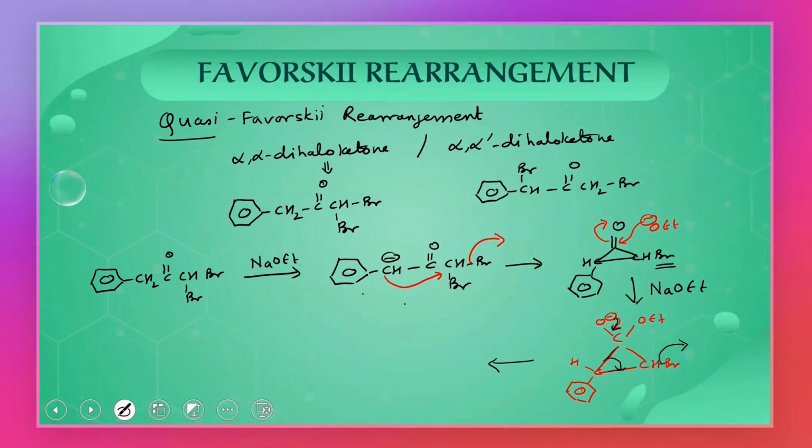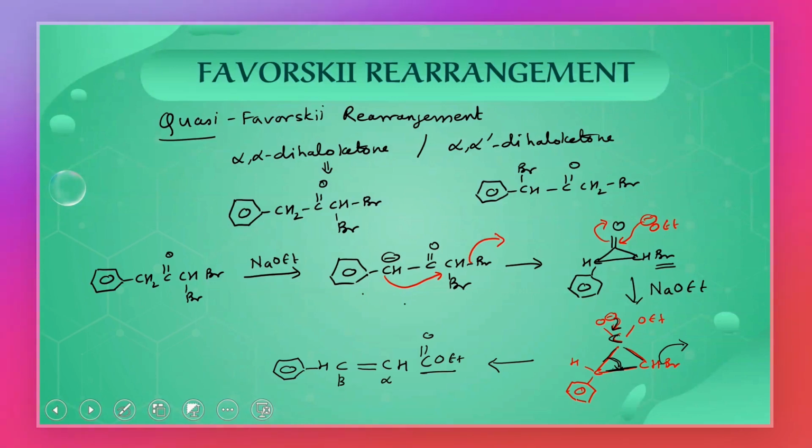So this bond is shifting here, you have a formation of a double bond, and Br has got out. Okay. So I have a C double bond O, OEt, and this carbon is attached to the carbon that contained the halogen, but the halogen has gone out. And now this has become the double bond, and I have a CH phenyl ring.